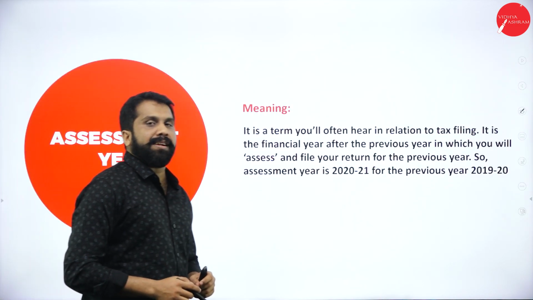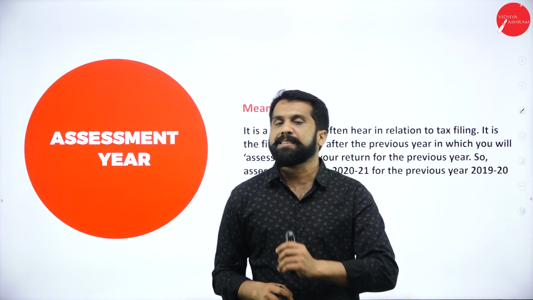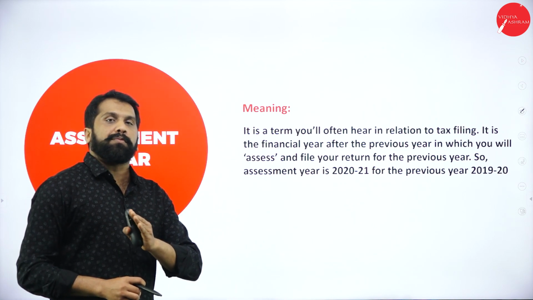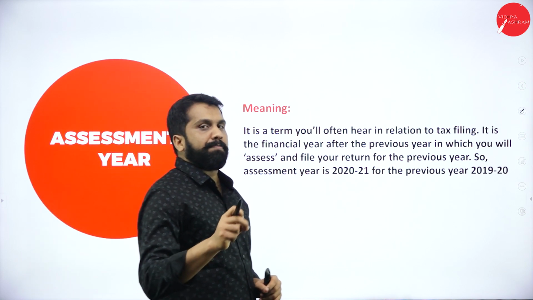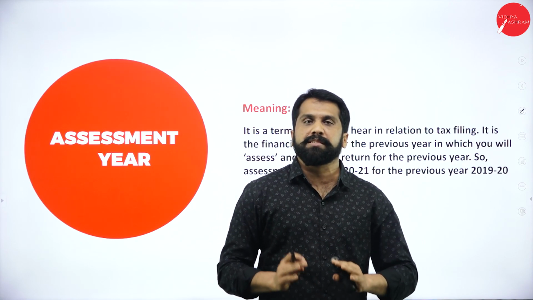Now, assessment year. So here itself I'll explain what is assessment year and what is previous year. We are paying tax for what we earned in the last year. Again, I'll repeat, we are paying tax now for what we earned in the previous year.